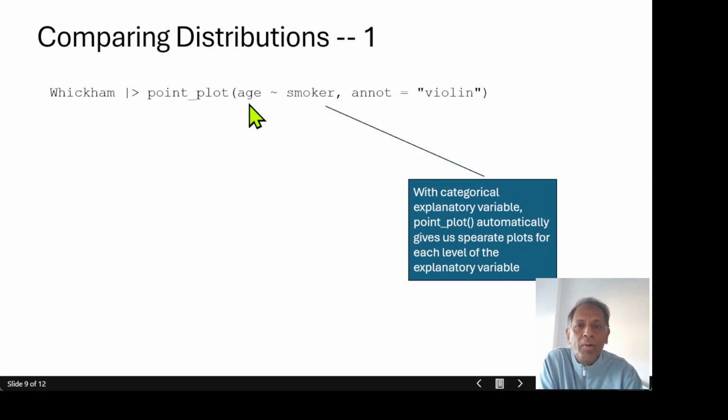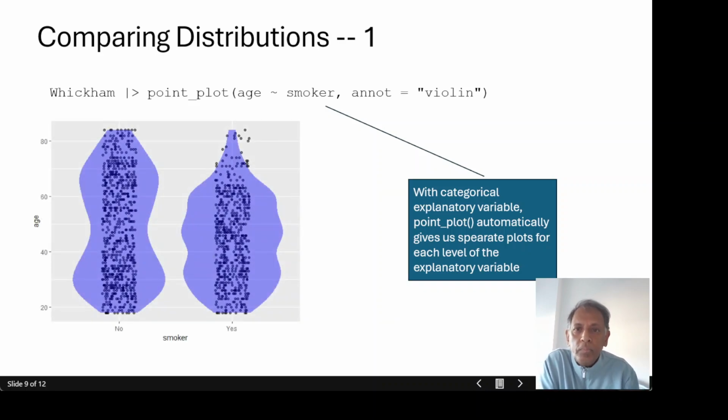Okay, so when you have a categorical variable on the right hand side, your point plot function automatically gives you two violins, right? When you annotate it, we've got these two things. And so we see separately the distribution of age for non-smokers and the distribution of age for smokers.